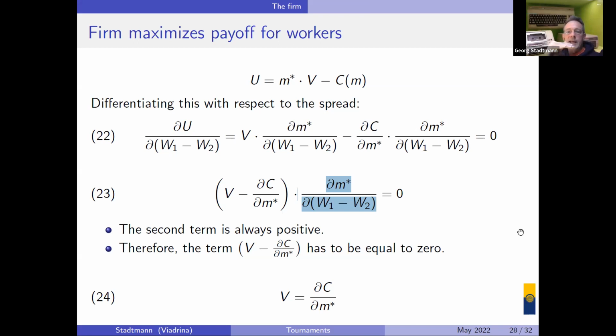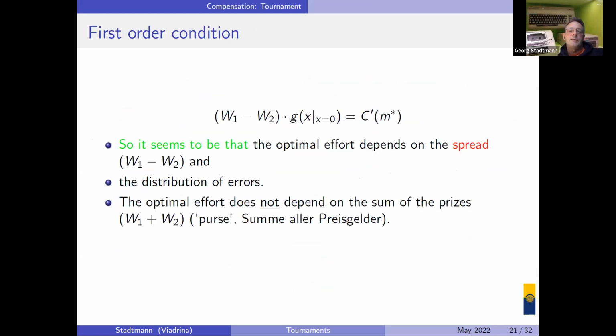Therefore, this first order condition given in equation 23 can only be met in case that V is equal to del C del M. So the term in brackets has to be equal to 0. And to some extent, we have seen equation 24 before. V is equal to del C del M. Where have we seen this before?